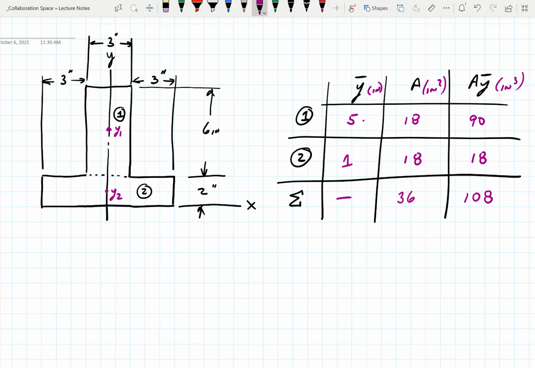So 108... so that's your y bar, 2 inches. Subtract that y out.